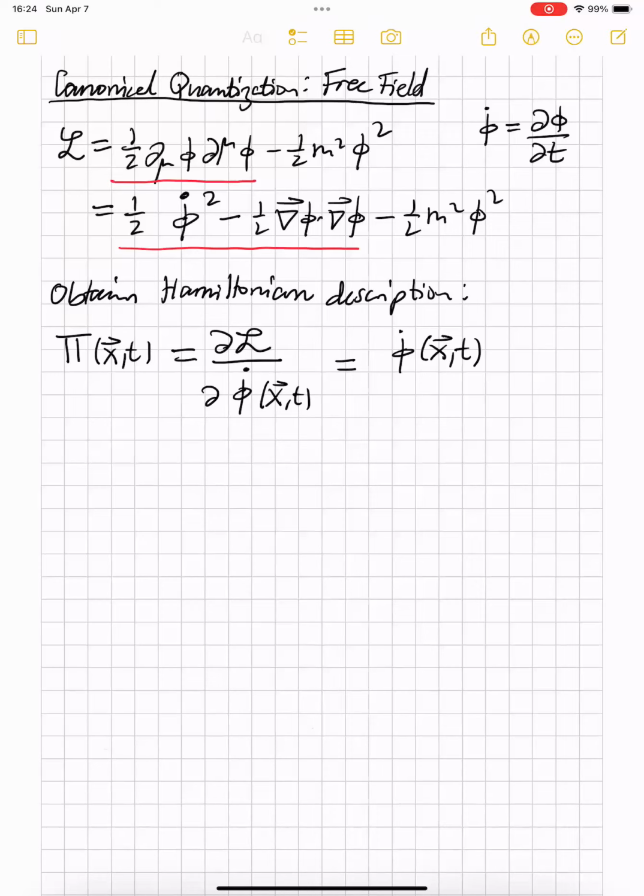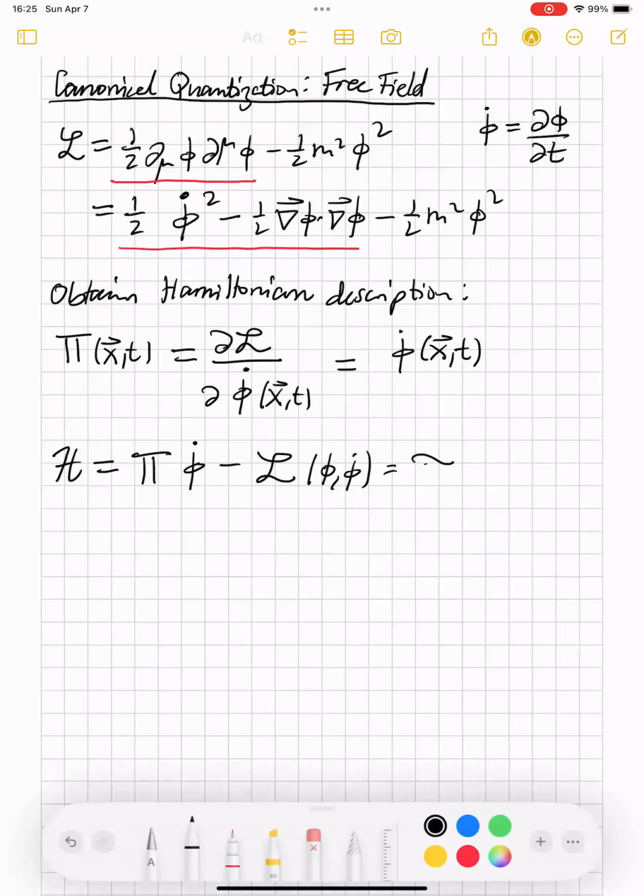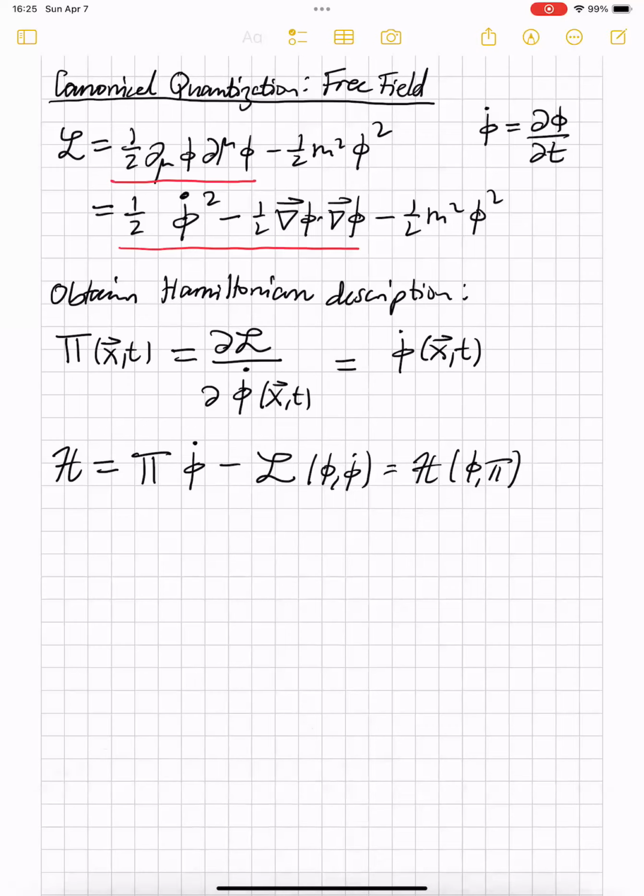And then, as usual, the Hamiltonian density is related to the Lagrangian by a Legendre transform, okay? And what are we doing here? Well, we're swapping out a function that depends on phi and phi dot for a function, the Hamiltonian density, that depends on phi and pi, okay? So this is the completely usual thing. This is why we use the Legendre transform.